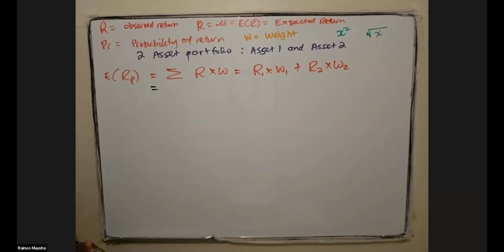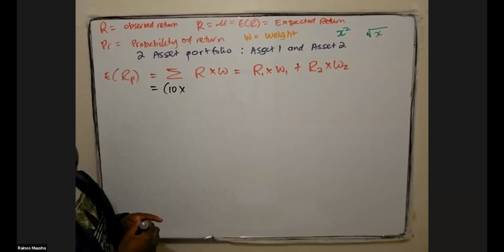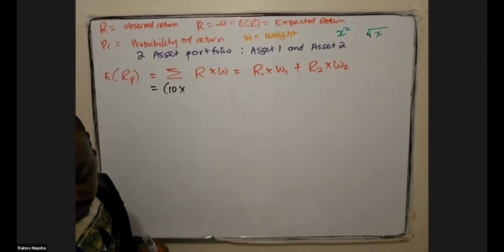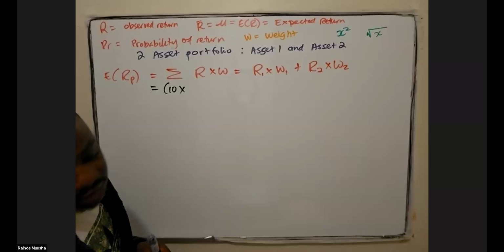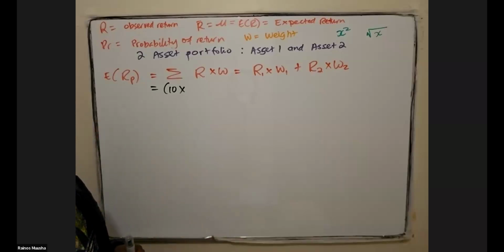So which means for the first asset, remember we're given that the expected return is 10%. So it's going to be 10 multiplied by the weight of the first asset. Remember we said for the first asset, we're going to be giving it a weighting of 60%, and then the second asset, we're going to be giving it a weighting of 40% as well.